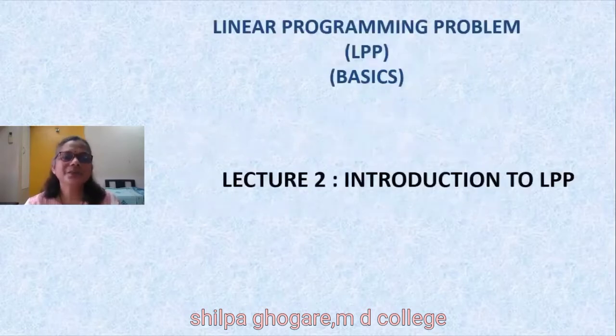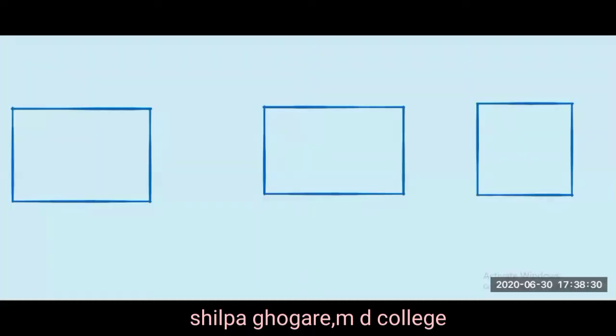So let us start with the second lecture on Introduction to LPP. See friends, the world is full of problems and many a times you have mathematics helping you out to solve those problems.